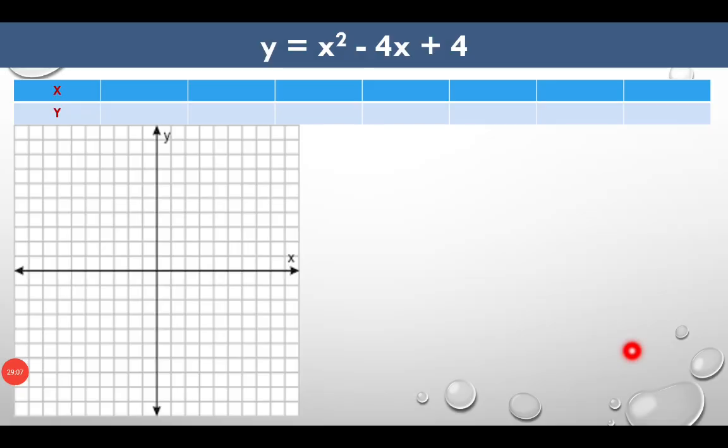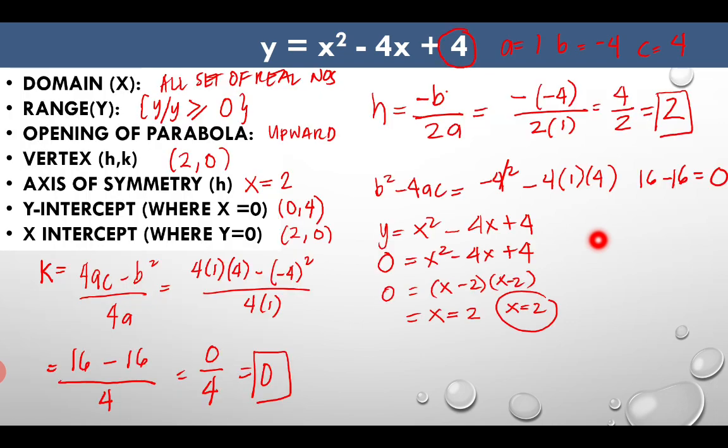Okay, so let us try to complete the table and graph the quadratic function. Ang vertex natin kanina is 2, 0. Si x ay 2, si y ay 0. Okay? And then, just write 3, 4 to the right, and then 1 and 0 to the left. Kanina na ano din natin na kapag x ay 0, si y ay, anong y-intercept natin?